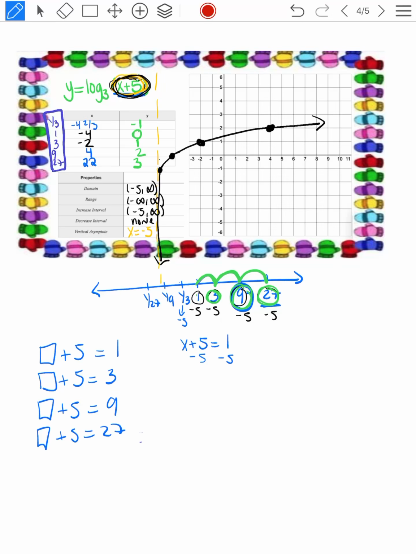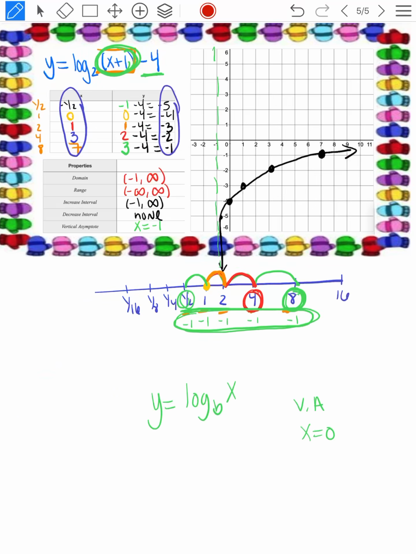So that means to account for that, we had to subtract 5 from all our x values, which is why our vertical asymptote ended up being shifted to the left at -5. And then in our last example, we combined them both together. So this +1 shifted the values we landed on in our number line, and then this -4 impacted the y values, or the number of jumps.